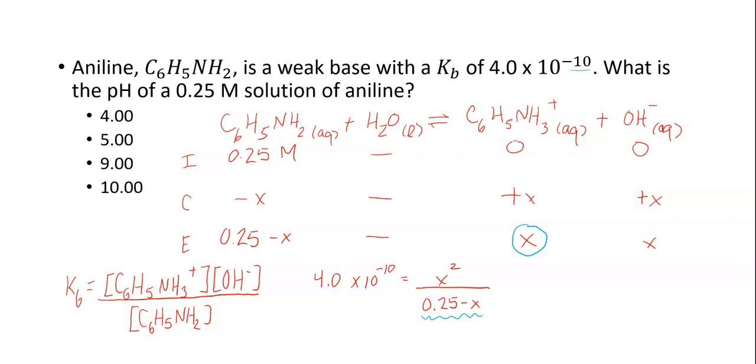If you have a K that's like 10 to the negative 3 or larger, then you may not be able to ignore the x. But the other thing is, I would be shocked if they asked you one in the multiple choice section where you weren't able to ignore the x, because that would be very difficult, if not impossible, to do without a calculator.